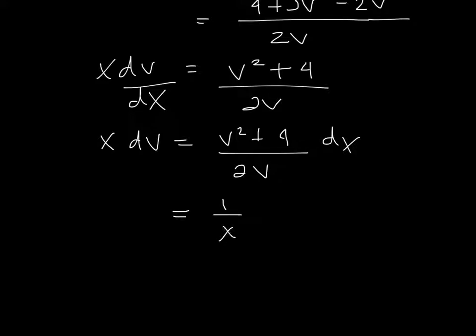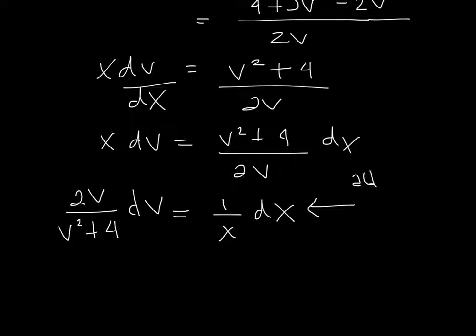So I have 1 over x dx on this side. And then I want this guy to be 1, so I can just multiply by the reciprocal to both sides. And I just get 2v over v squared plus 4 dv. So we were able to separate the variables after this substitution.